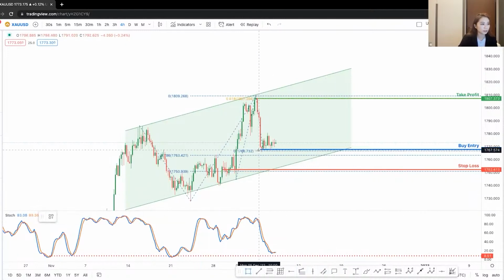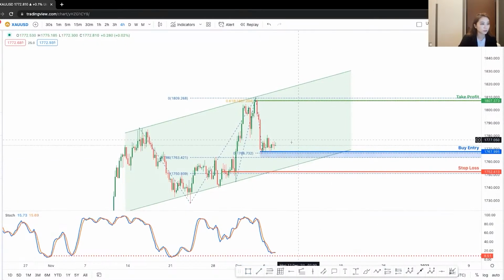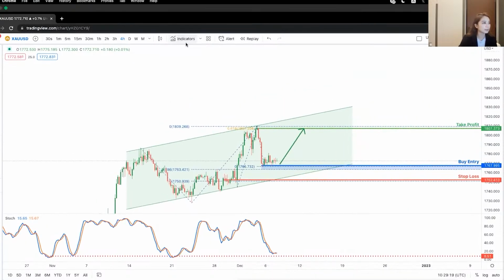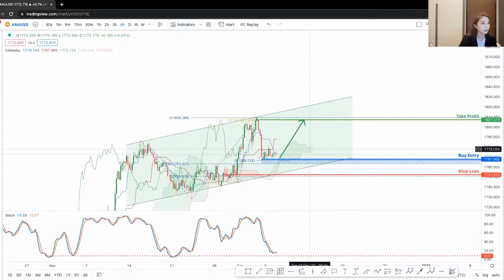Our 78.6 Fibonacci projection is also nicely in line with our buy entry. You could keep your stop loss higher if you want to. However, I think it would be just nice as it's slightly below the channel and it will show a lot of indication if it really exceeds that level in price.